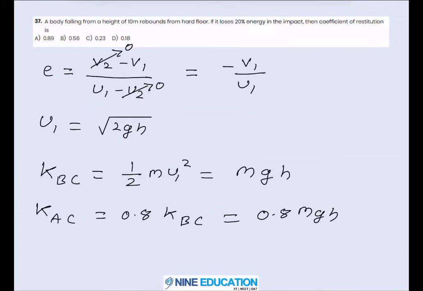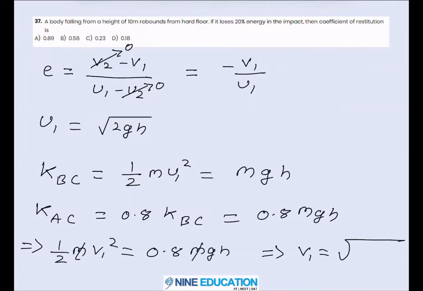Now, if the kinetic energy after collision is 0.8 mgh, what will the velocity be? Kinetic energy after collision, half m v1 square, equals 0.8 mgh. Mass cancels out, and v1 will be equal to root over of 2 into 0.8 gh, right?